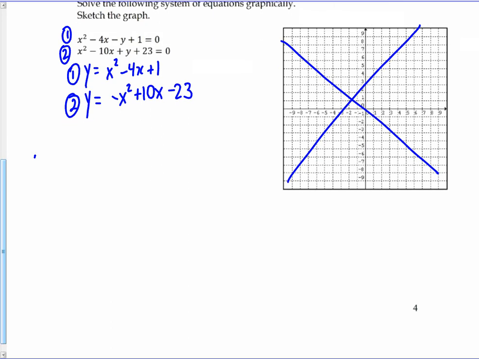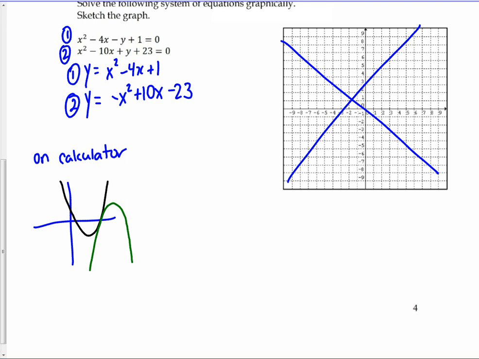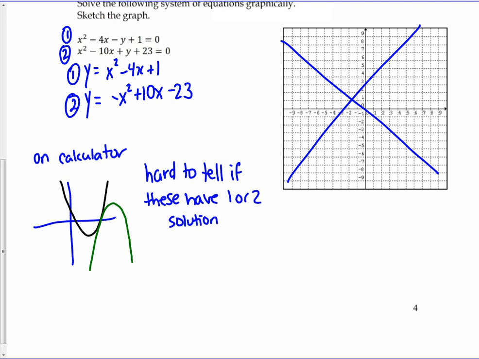On the calculator right now, just roughly sketching, there's one graph and the other graph, and you can't really tell if it's one or two solutions. So what are we going to do?